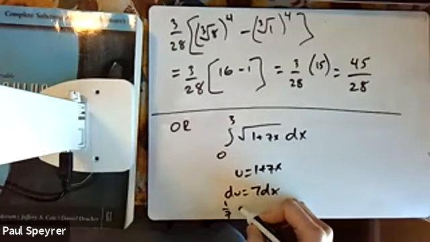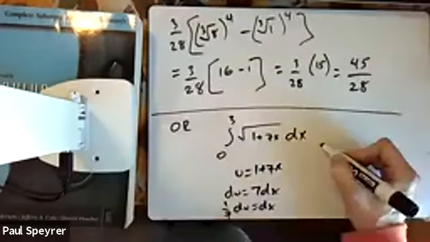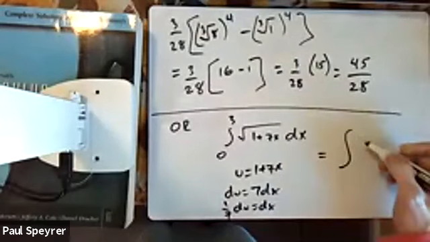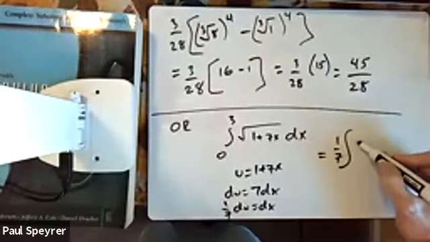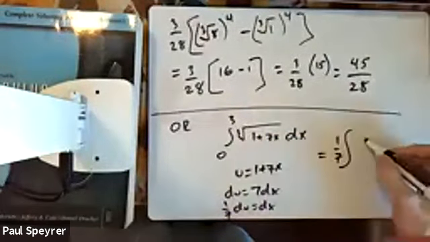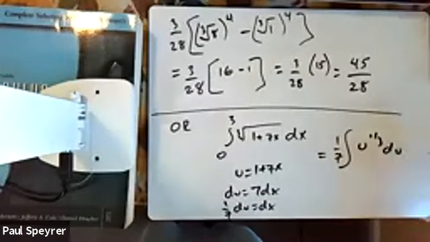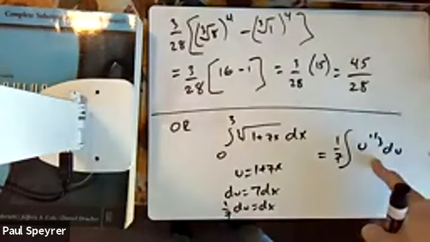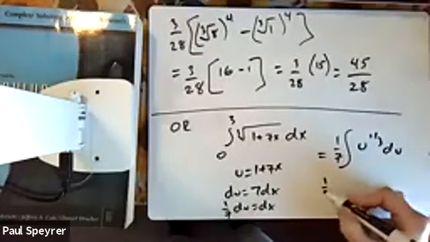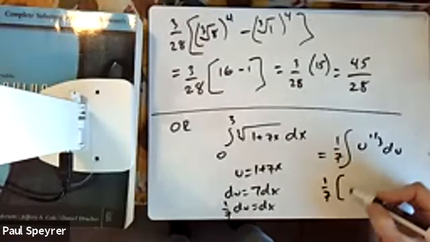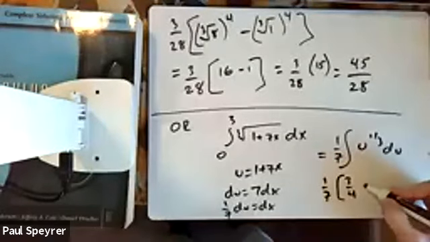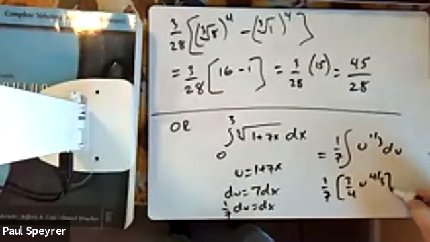You still have to move the 7 over. And we still get this, right? You're still going to get 1/7, and this is cube root right here, u to the 1/3 du. When you take the antiderivative, you're still going to get the 3/4 u to the 4/3 like that.